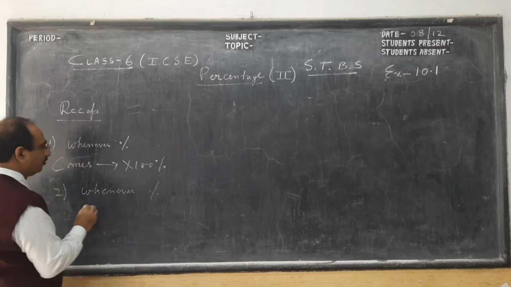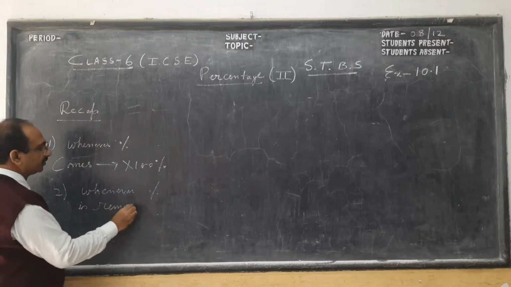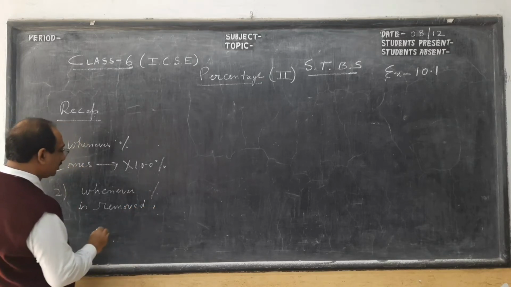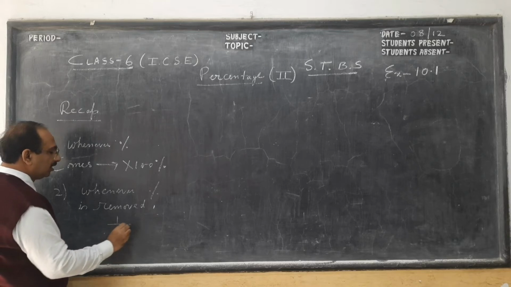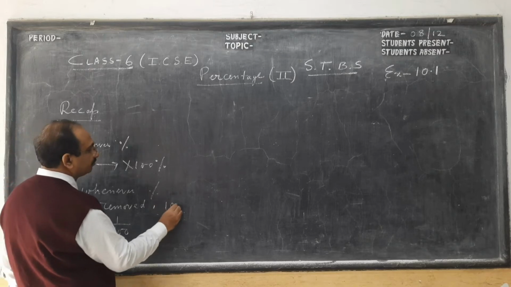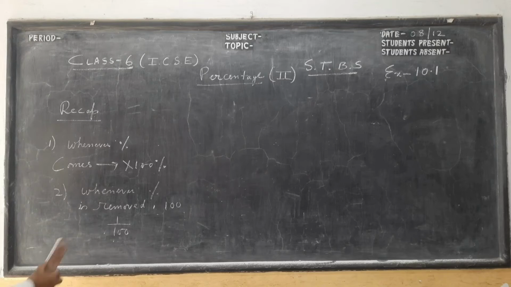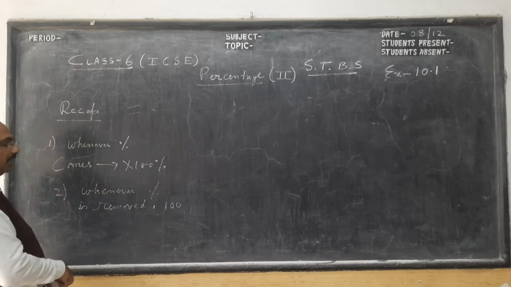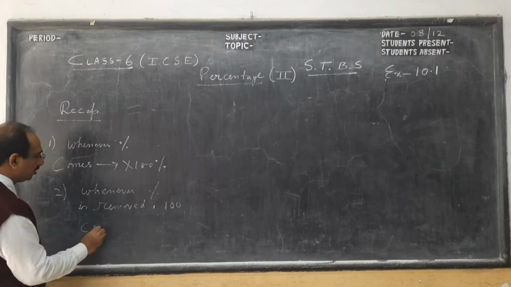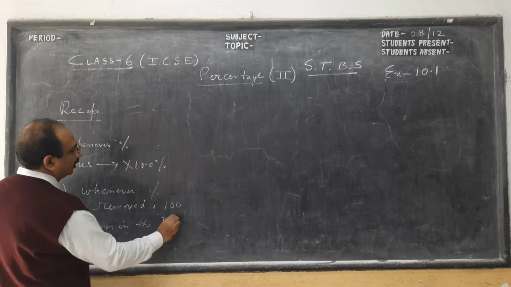So whenever percentage is removed, what happens? 100 comes in the denominator, or 100 comes down. 1 by 100 also, we can multiply by 1 by 100. 100 comes in the denominator.